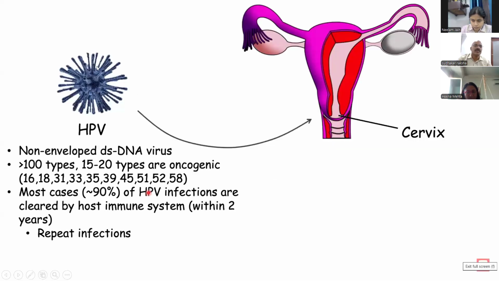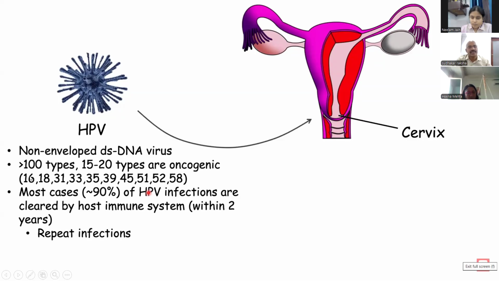So this is the virus which is causing cervical cancer, human papilloma virus. More than 100 serotypes of this virus exist, but only 2 are most important. More than 70% of the cancers are caused by serotypes 16 and 18.